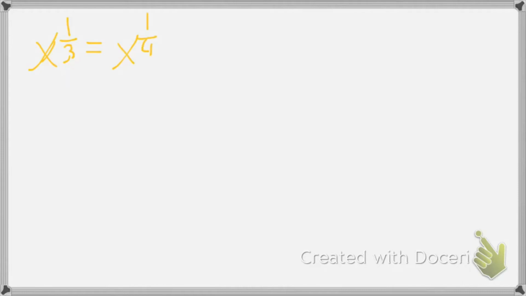Now there's a property called the power of a power rule, POPR, and it says a to the x, raised to the power y, means a to the xy. The reason I'm saying this is because we don't want fractions, we want a whole number.